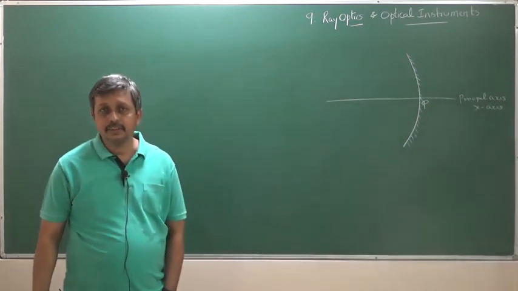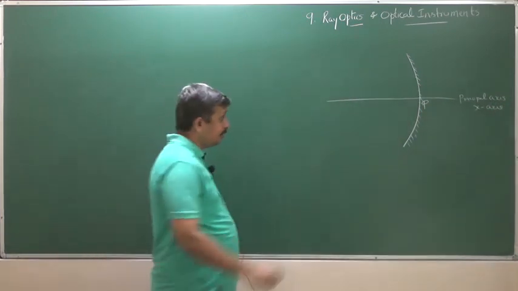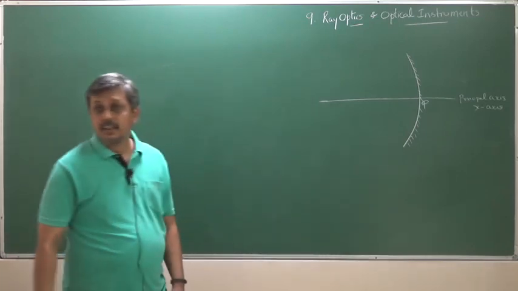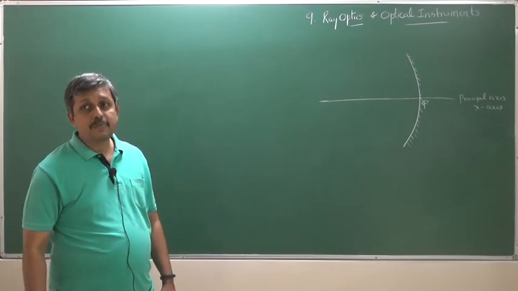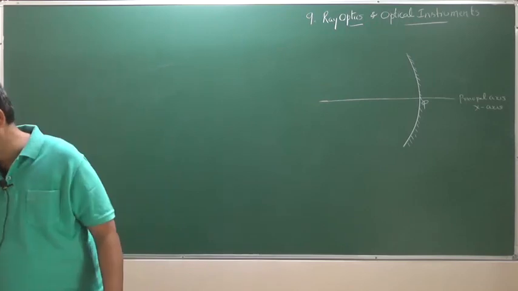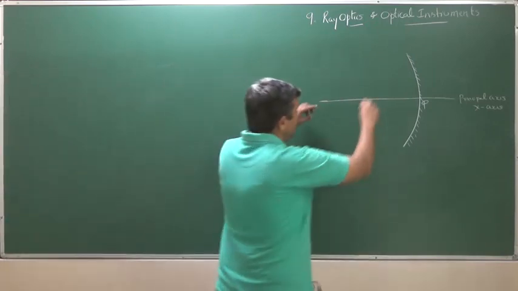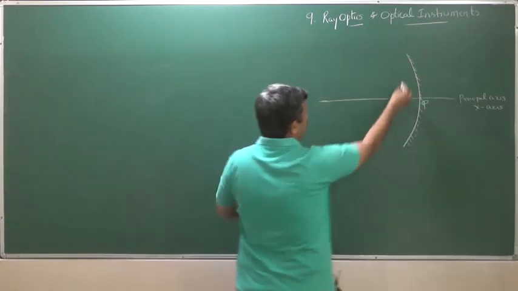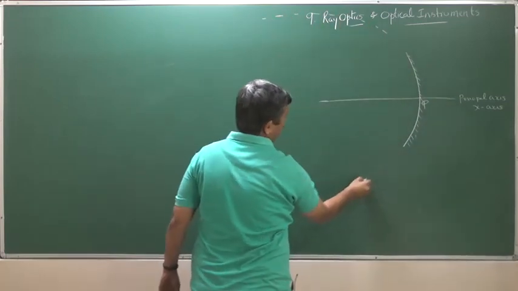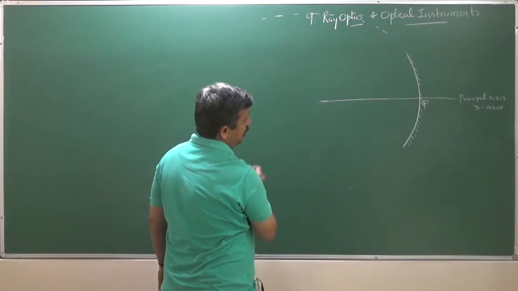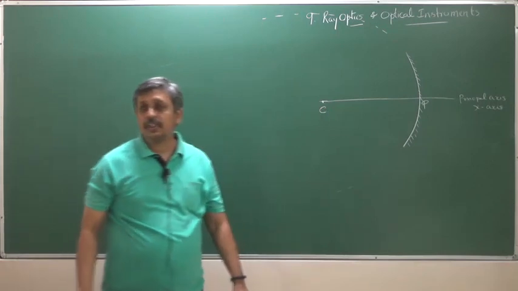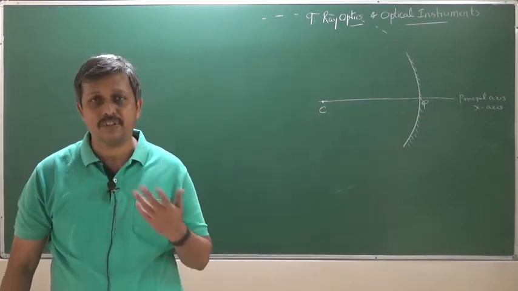We know that. And we also know that if you take some kind of a radius of this curve, if this is the curve and you complete the circle, that circle has a center, let us say here. That center is called the center of curvature.